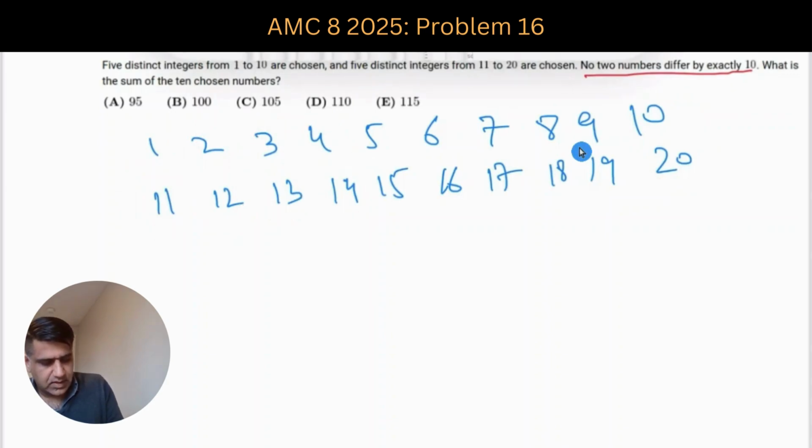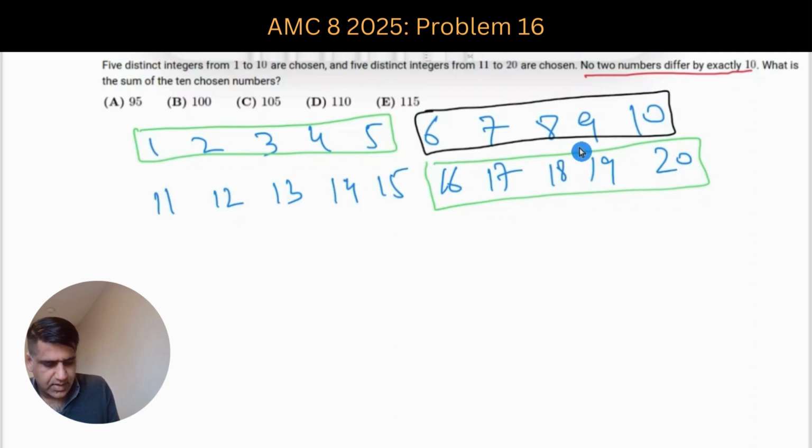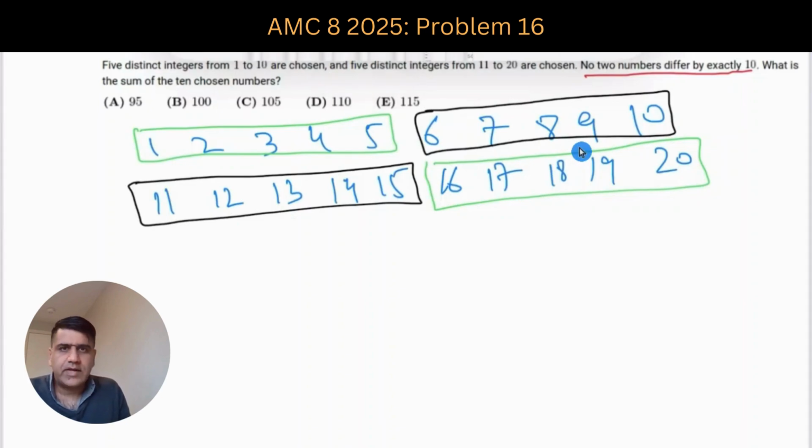I can select any 5 of the numbers, probably I can take these, and then I can take 5 from here. Or vice versa, you can also take these 5, the one that I am highlighting in black, or you can take these 5. And you can also take any of the other combinations. However, regardless of that, the answer will remain the same.